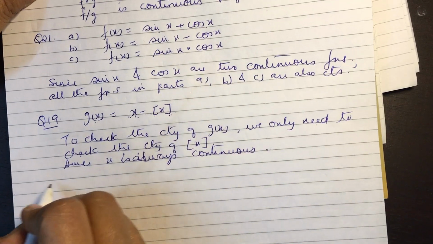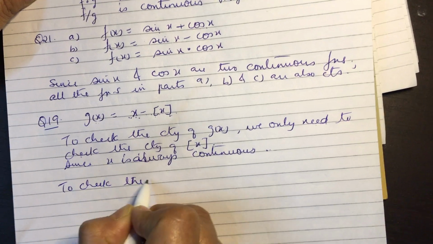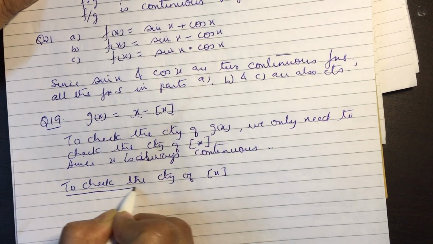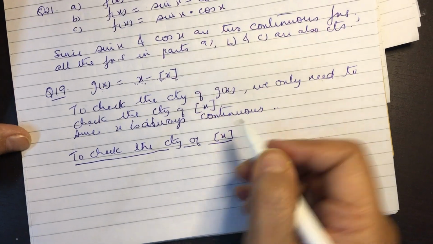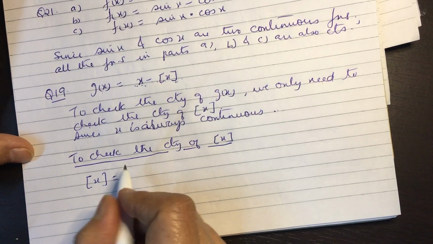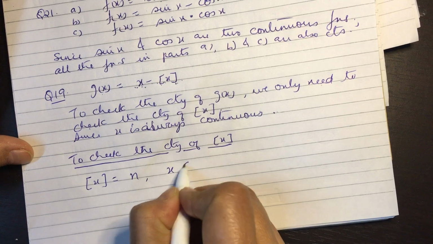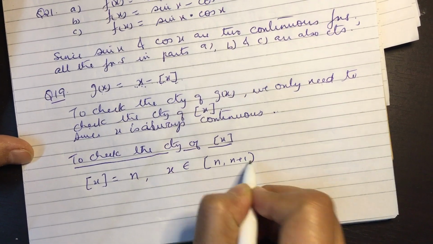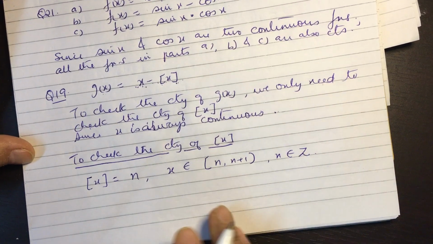Okay, now to check the continuity of this, what will we do? First we will redefine this function. We know that the greatest integer function is always equal to n, where x belongs to [n, n plus 1) and n is an integer.